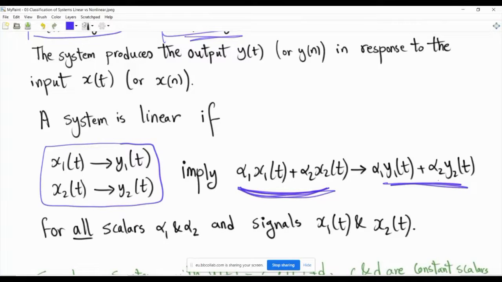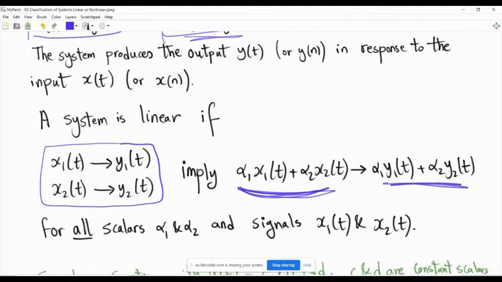So you ask yourself, what will the system do if I do not give it just x1 of t? We know that if you give it x1 of t, it produces y1 of t. If you give it x2 of t, it produces y2 of t. What if you give it some scalar constant alpha 1 multiplied by x1 of t plus another scalar constant alpha 2 multiplied by x2 of t? What will be the output?